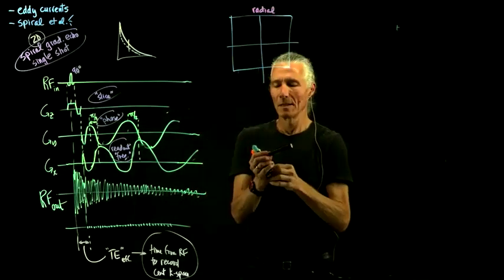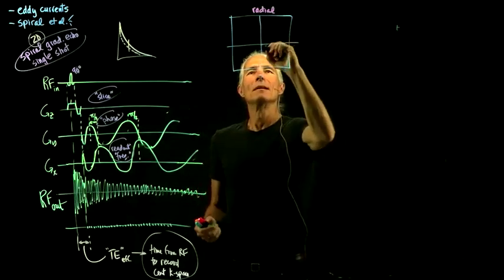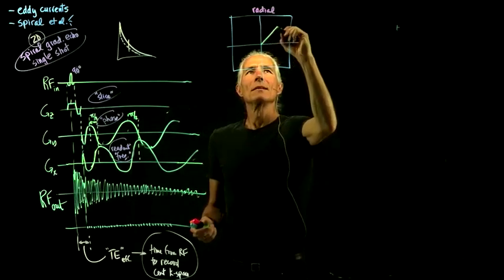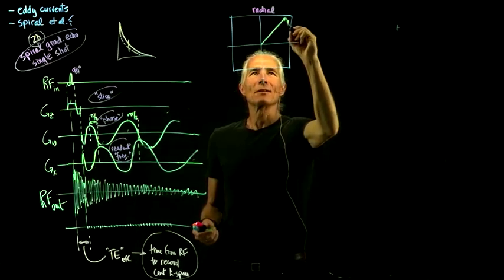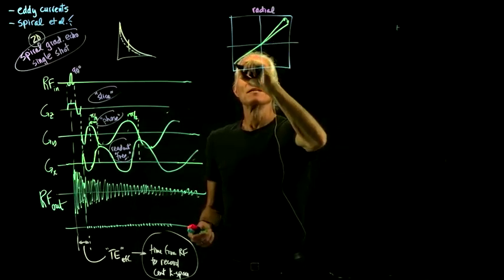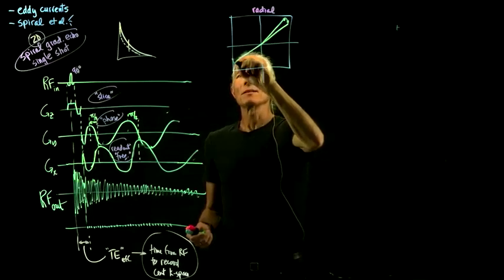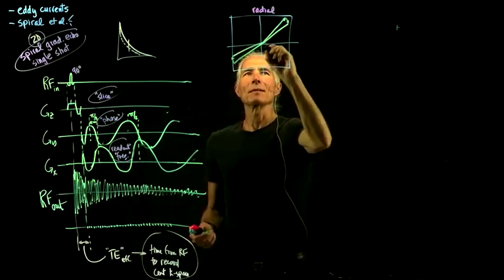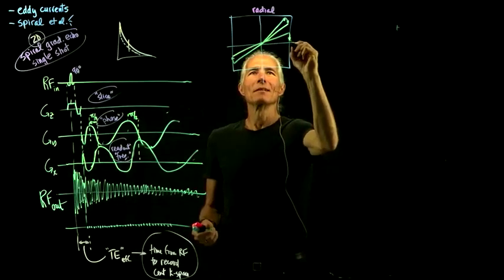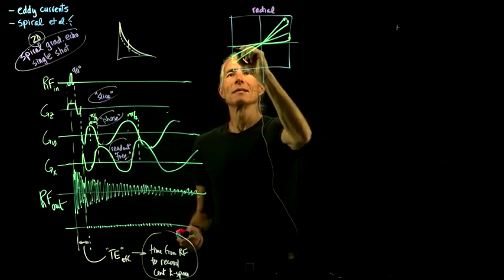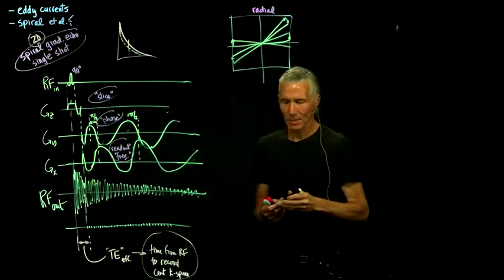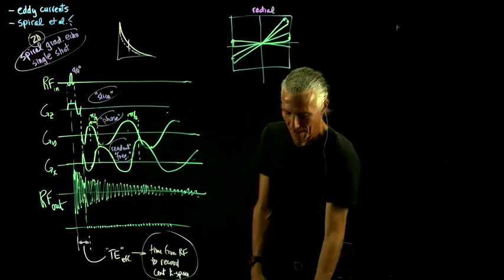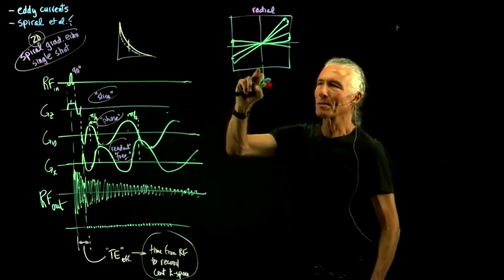So you could turn on both gradients, and then when you get to the edge of k-space, you could make a turn and then come back through k-space this way, and then make a turn, then come back through k-space that way, and then make a turn. So you could do something like that, and cover k-space. That's one way of doing it, going through the center multiple times.